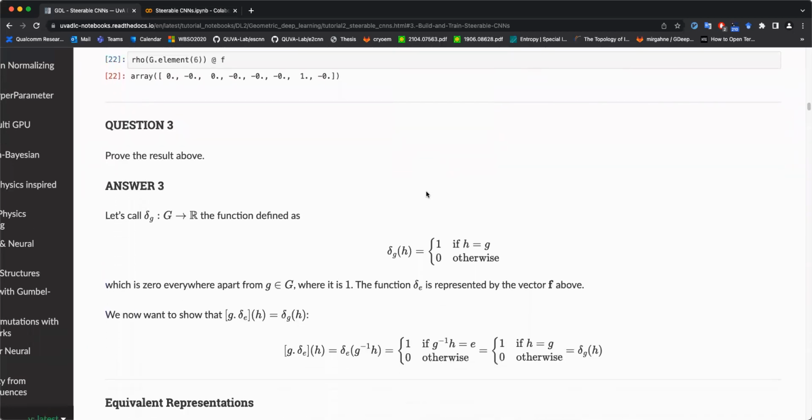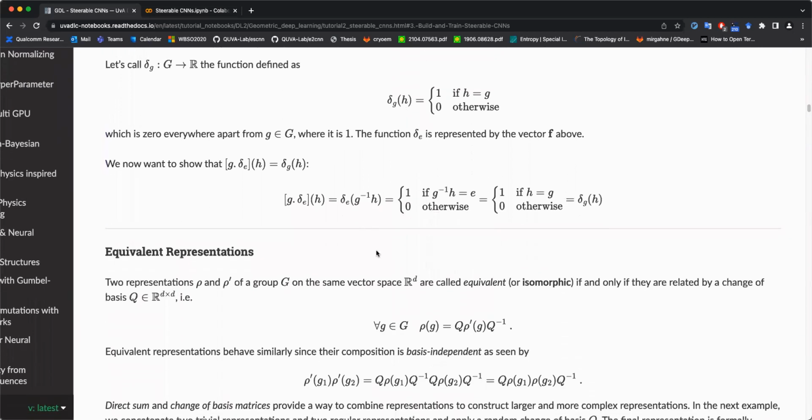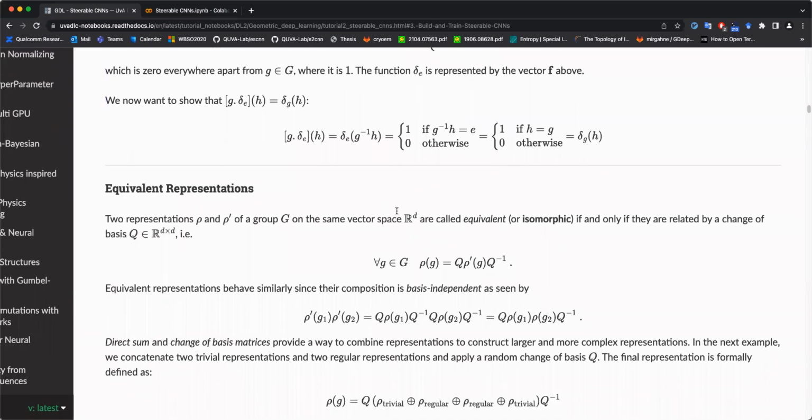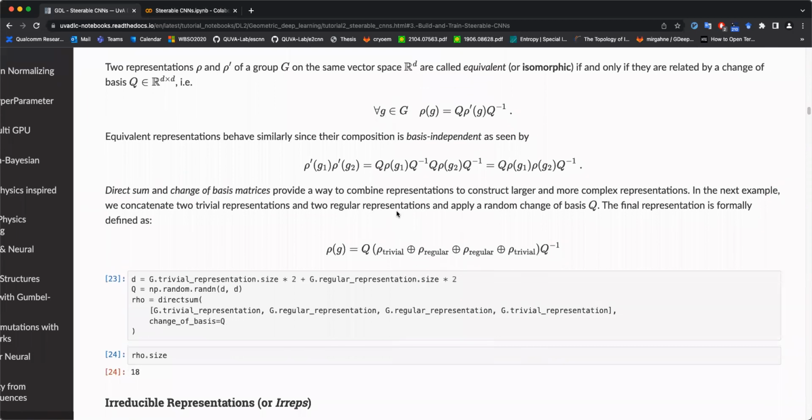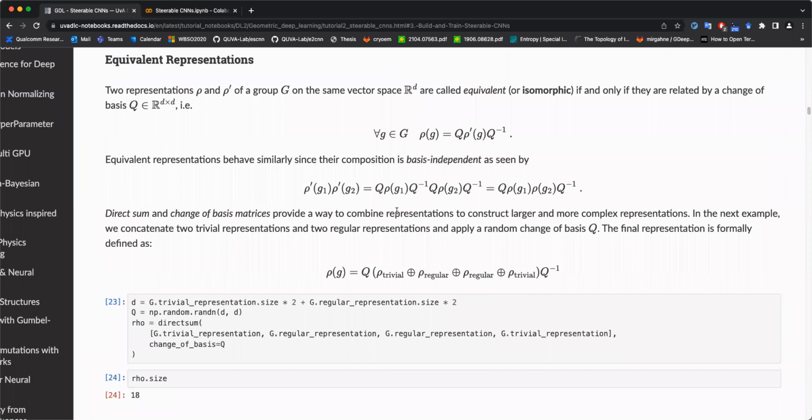Okay. You can prove this, but you can try this at home. So let's go further. One more concept we need to introduce is that of equivalent representations. Essentially, two representations of the same dimension, D, are considered equivalent when they differ only by a change of basis.